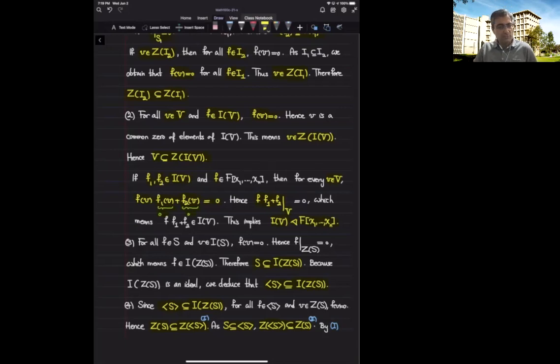Knowing that F1 and F2 are in this set means that the restriction of Fi's to the set V is the constant function 0. Now, when I look at F times F1 plus F2 and evaluate it at some element, small v, then because F1 of v and F2 of v both are 0, we deduce that the value of this function is also 0. And that implies the claim.